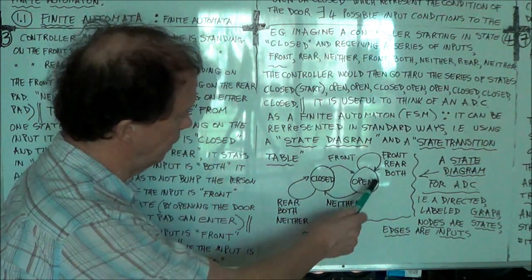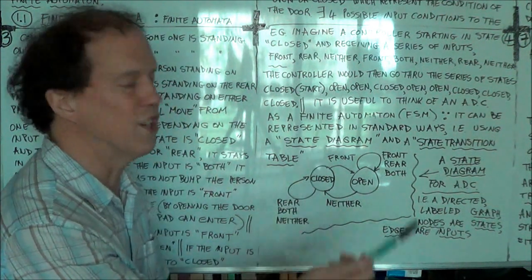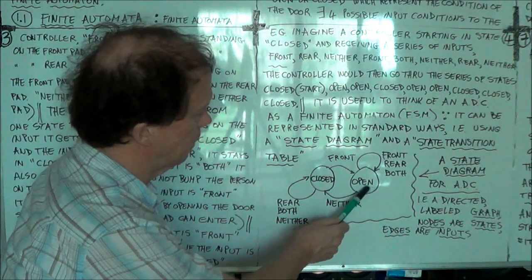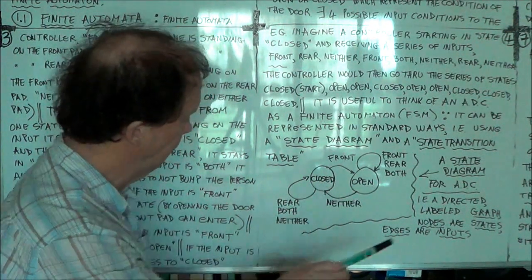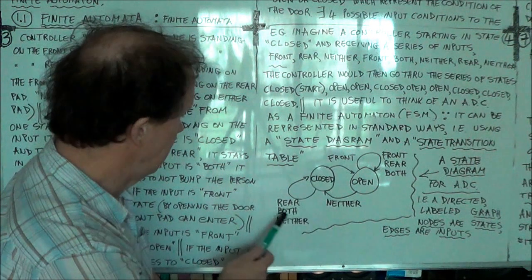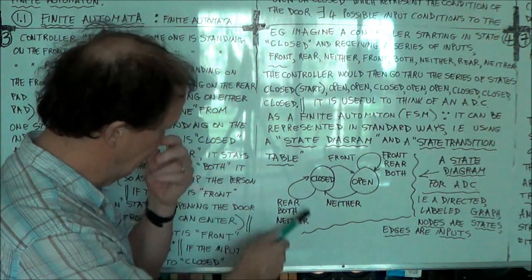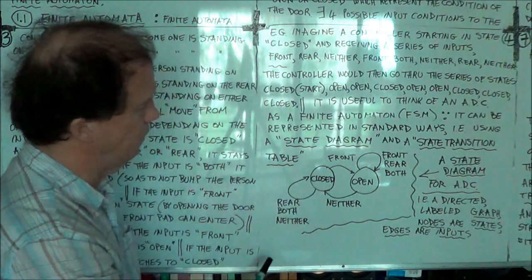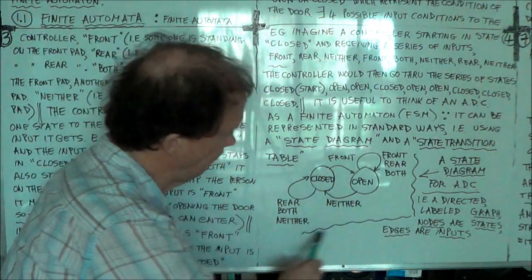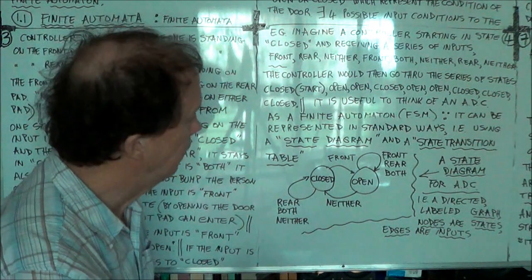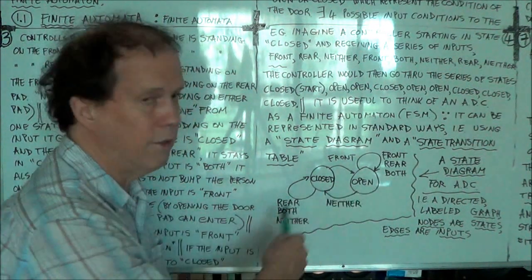So when the input signal is neither, you transition from this current state to this one. Now if you're in the closed state and the input signal is either one of these three, rear, both, or neither, then you stay closed. Okay? So this diagram, in a rather compact way, summarizes everything, right?